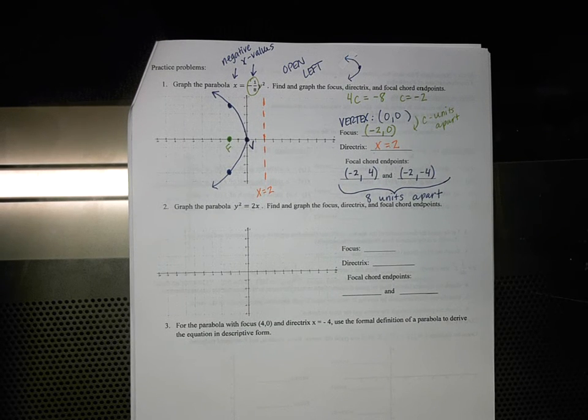All right. Number 2, graph the parabola y squared equals 2x. Find and graph the focus, directrix, and focal chord endpoints. So, what variable am I solving for? Y, x. Because we're in the sideways section, right?